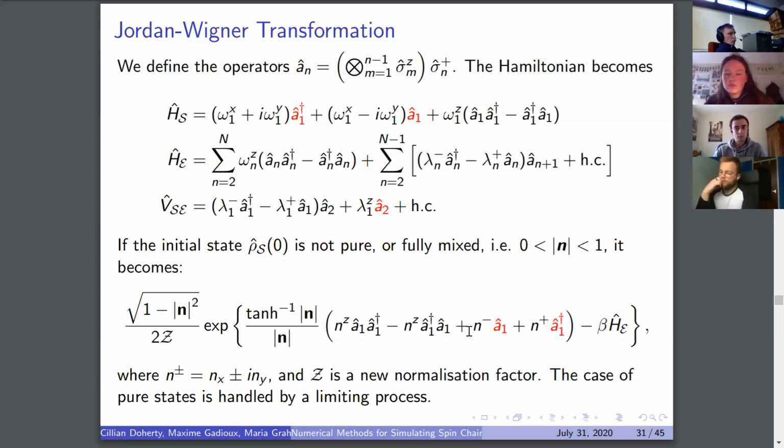And lambda is well defined for pure states. It doesn't have to be a Gaussian state for lambda to be defined. So we can just find lambda for pure states without too much difficulty. Again, that's described in a lot more detail in the paper, but I don't really want to focus on it here because our main problem is that we have these linear terms. Are there any questions about any of this?